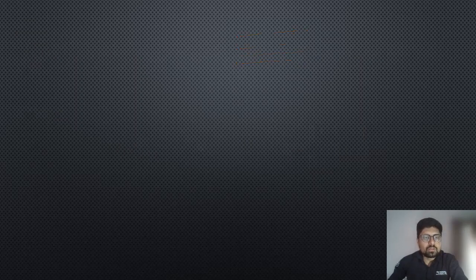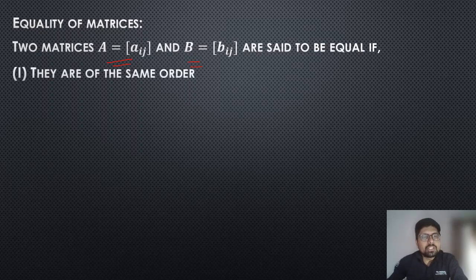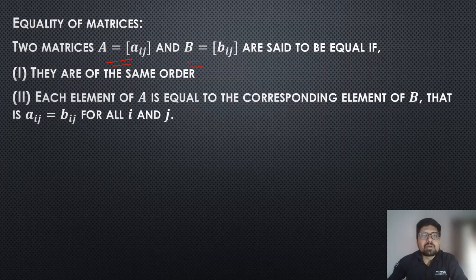Let's move to the next one, equality of matrices. This definition is for two matrices, matrix A and matrix B. They are called equal matrices if they are of the same order and each element of A is equal to the corresponding element of B. Let's have the examples.